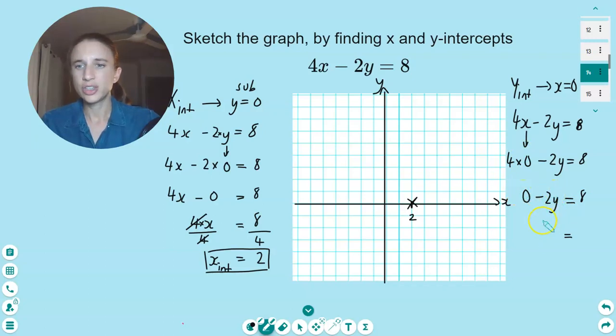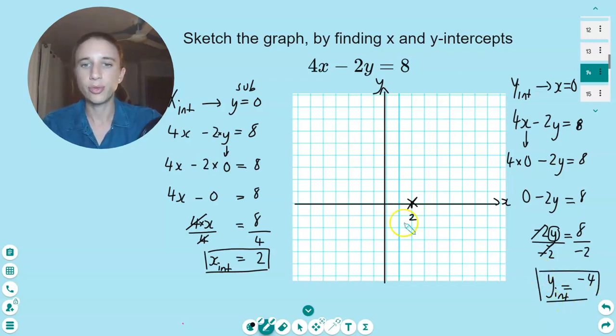And 0 take 2y, we don't even need that 0 there. It's -2y is 8. And then we need to get y on its own. We're going to divide by -2 on both sides because that's what we do. That cancels, which looks good. And the y-intercept is -4.